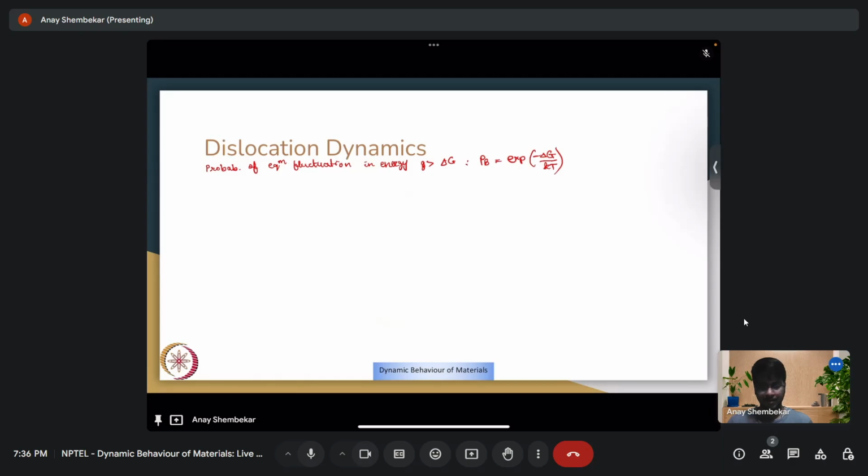So this probability is useful in another way: the probability that a dislocation jumps successfully over a short range obstacle is basically nu 1 by nu naught, the number of successful attempts.